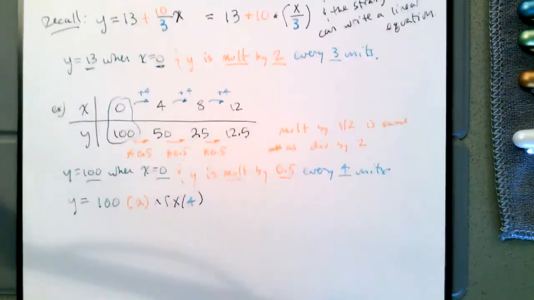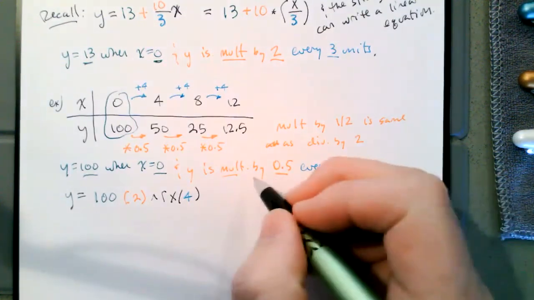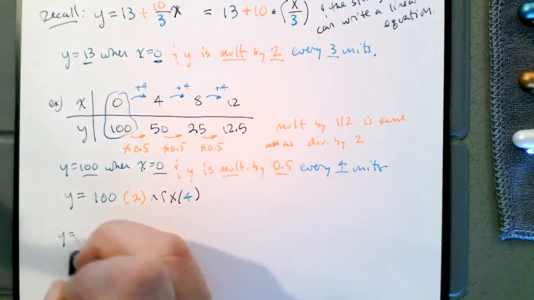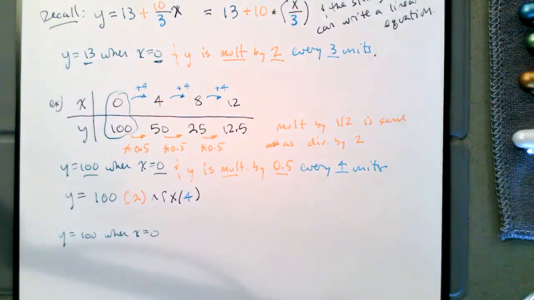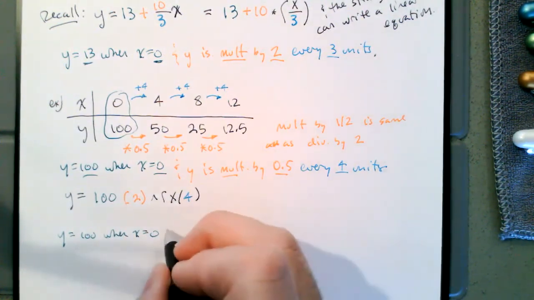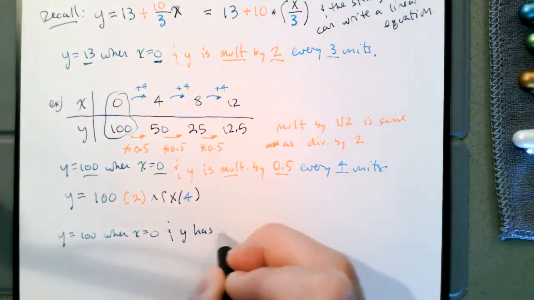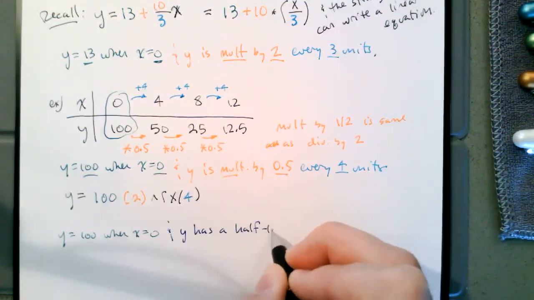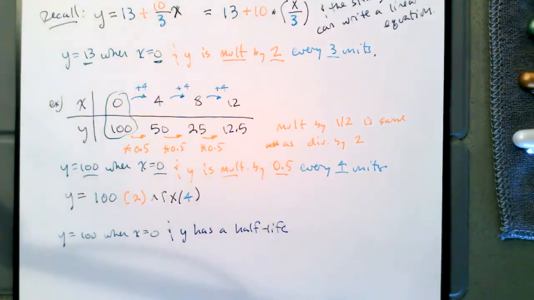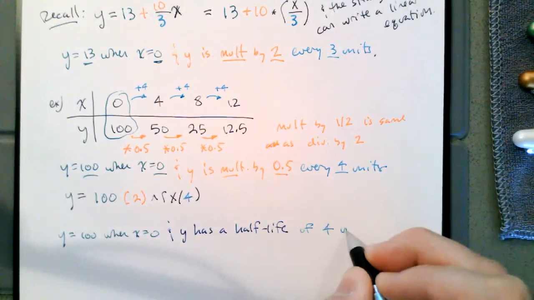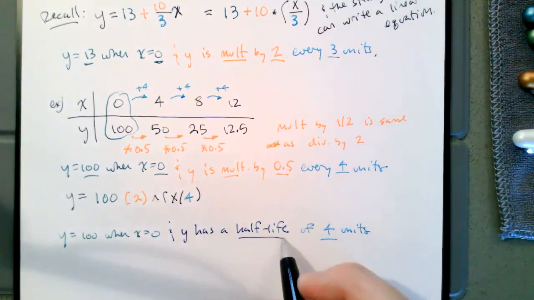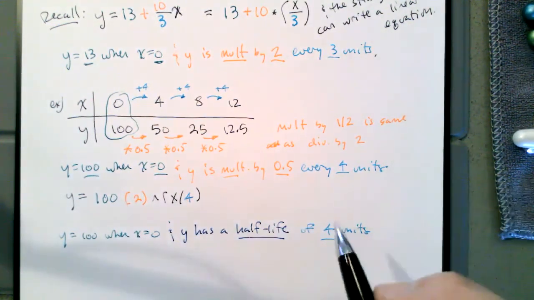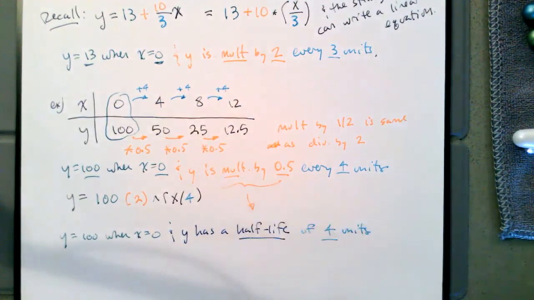So we could say y is equal to 100 when x equals 0, and specifically because it's multiplied by 0.5, we could say y has a half-life of 4 units. So we could describe a multiplier of 0.5 with the phrase half-life, but it's still conveying the same information.